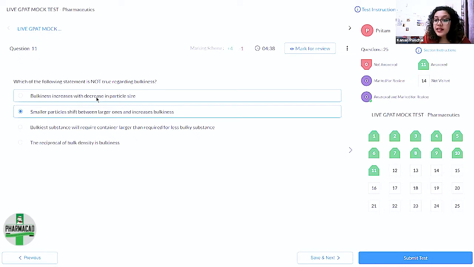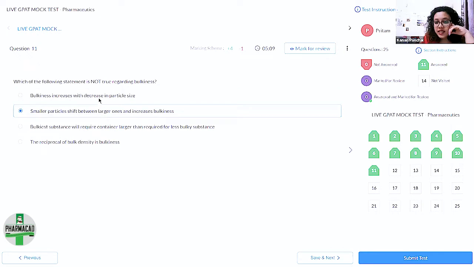Always understand, suppose fluffy material, fluffy material will remain fluffy anyway. If it is something like that, maybe the question will specify. Whenever such generalized questions are asked, you need to think from a generalized perspective. Do you all agree that if we decrease particle size, void space will also decrease, right? Yes, ma'am. The bulkiness will decrease. So the answer is A and B here.